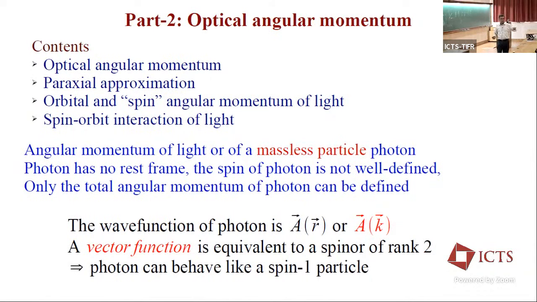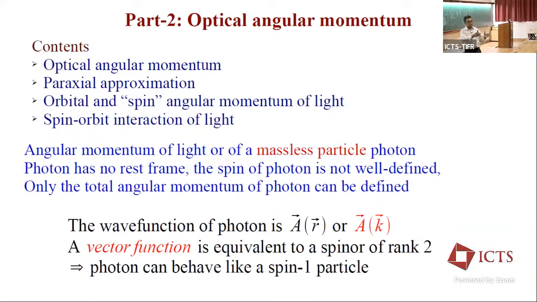Does it have a well-defined orbital angular momentum? Does it also have a well-defined spin angular momentum? Yes or no? That is part of the discussion, and that field has developed over the last 30, 40 years. In general, spin and orbital momentum are coupled.